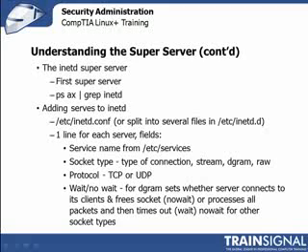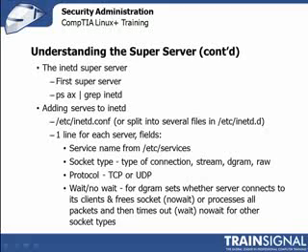The format for this file has one line for each server with the following fields. The first is service name, and that's the service name as it appears in the etc services directory. Next we have socket type, which is the type of connection, and that could be stream, dgram, or raw.